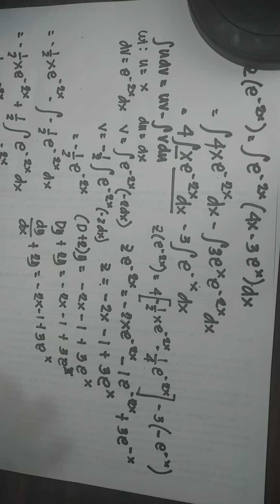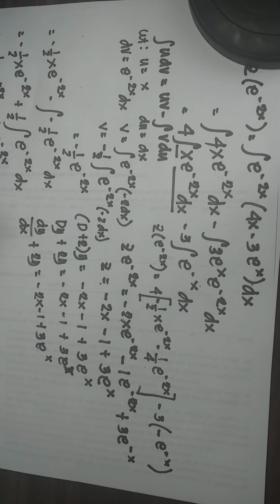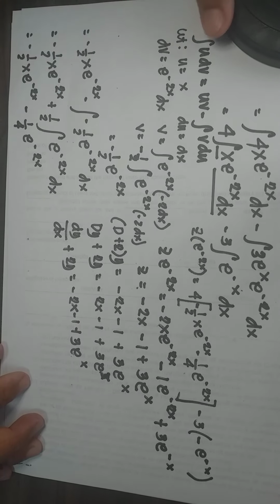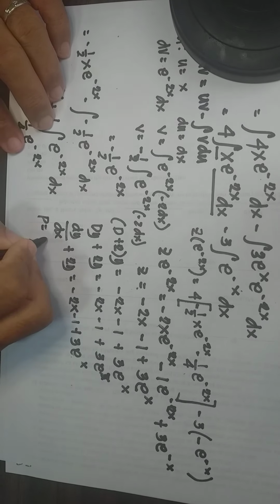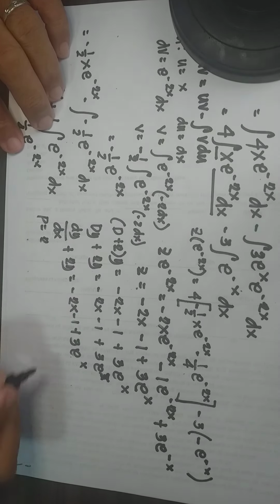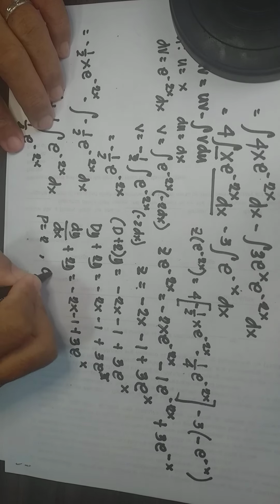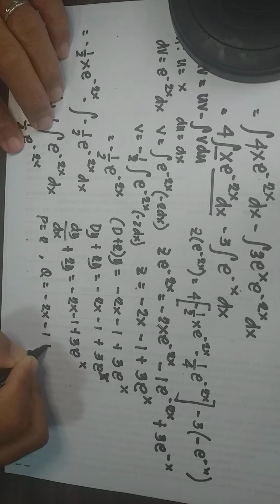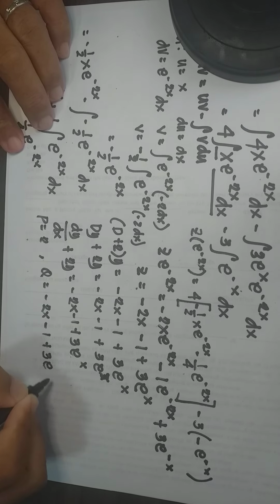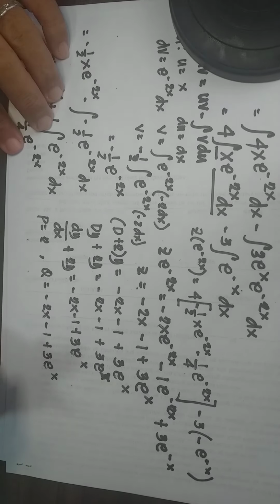Again, this is a first-order linear equation. So on this first-order linear equation, the value of your p is equal to 2. The value of your q is negative 2x minus 1 plus 3e to the x.